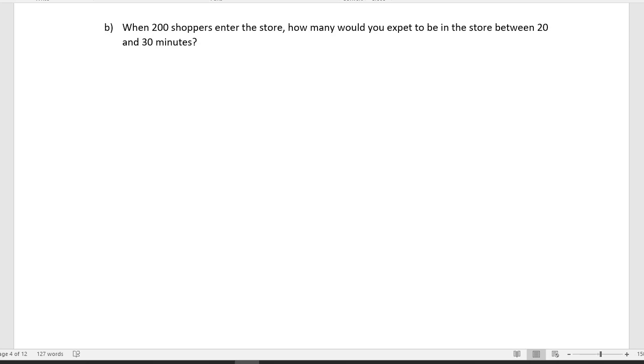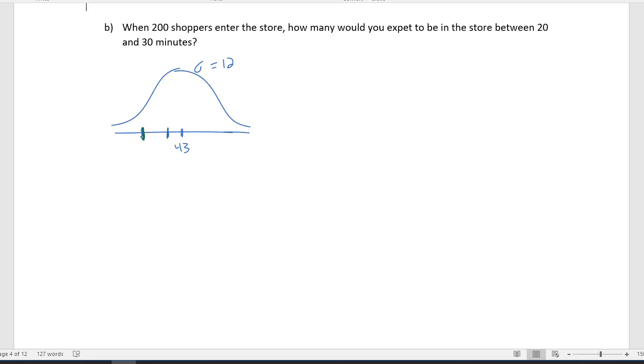So for this last one, letter B here, again, I'm a visual learner. I've got to draw my graph. So I have my standard normal distribution. And I'm looking for, let's see, my mean was 43, standard deviation was 12, and I'm looking for the probability that I'm between 20 and 30 minutes. So 20 and 30 are going to fall somewhere over here, right?